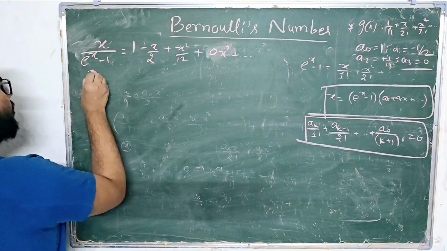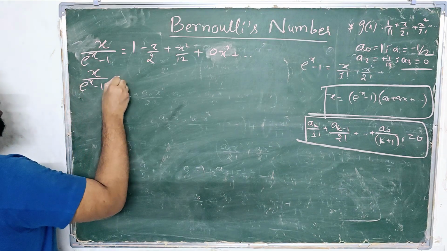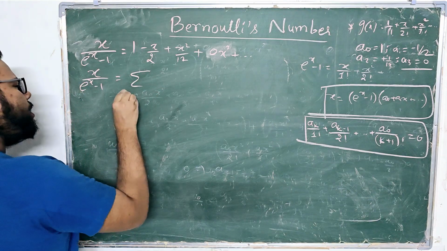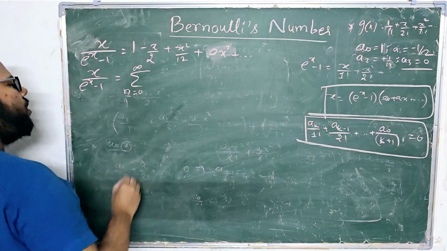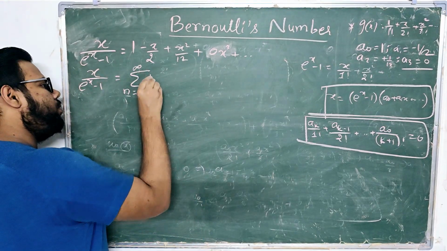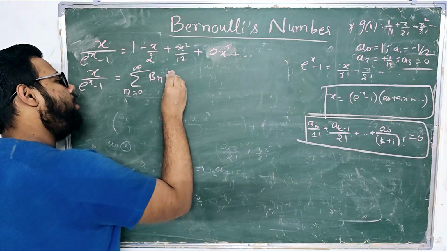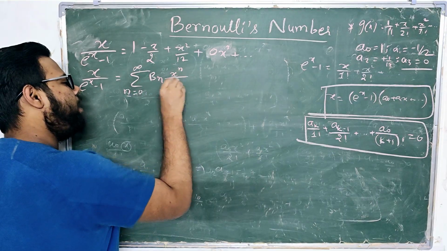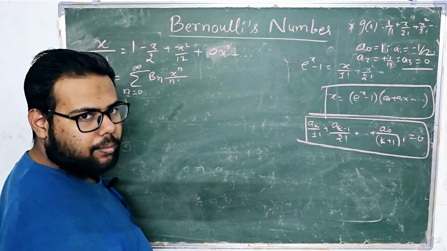expression. Now we want the summation from n is equal to 0 to infinity of bn x raised to power n divided by n factorial. Correct? Okay.